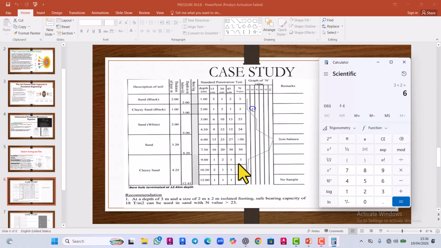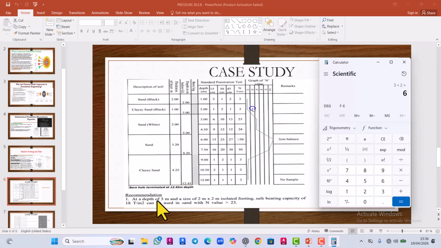So in this case, don't be surprised when you begin to experience excessive settlement, or when your building begins to tilt and there comes a crack, because you have let your zone of influence encroach into this bad soil.